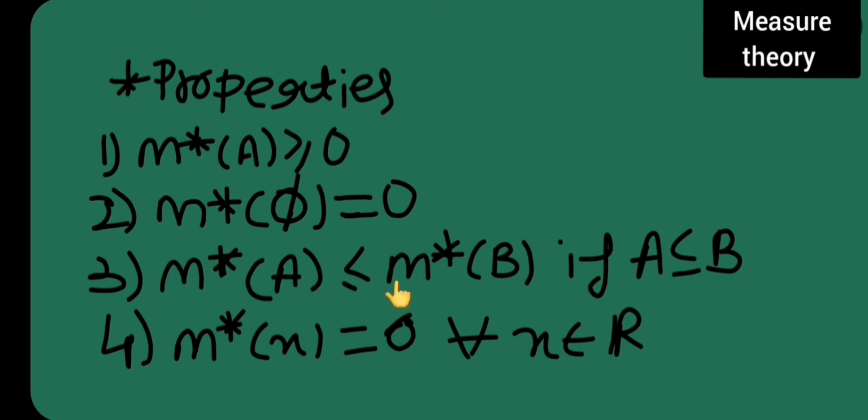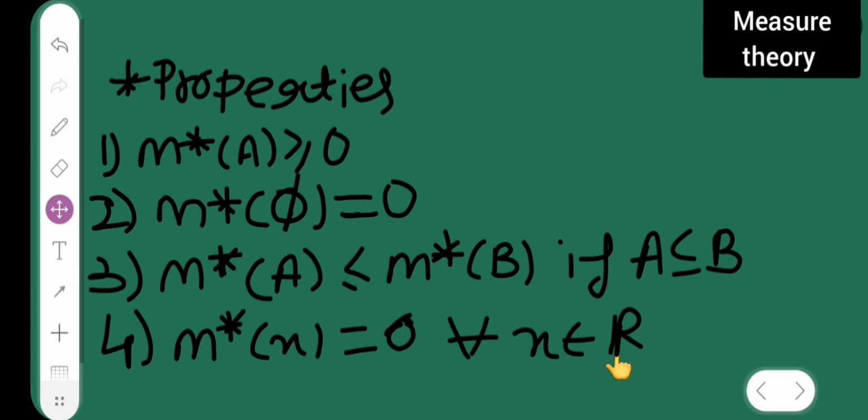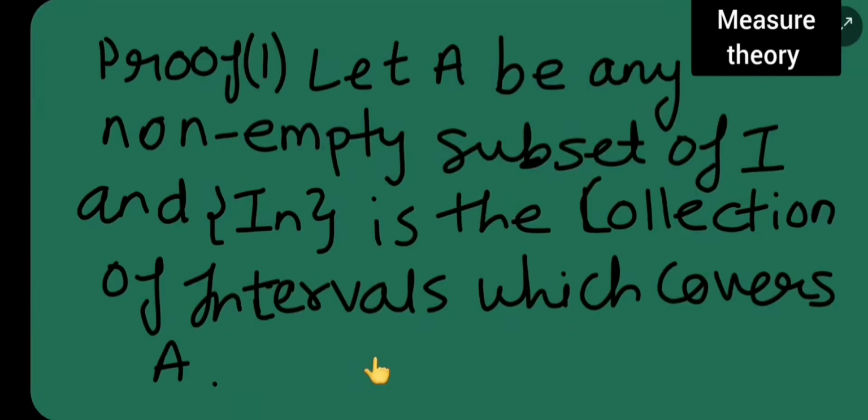Third property: outer measure of A is less than or equal to outer measure of B if A is a subset of B. Fourth property: outer measure of x is equal to 0 for all x belonging to R, the reals. So let me prove the first one.